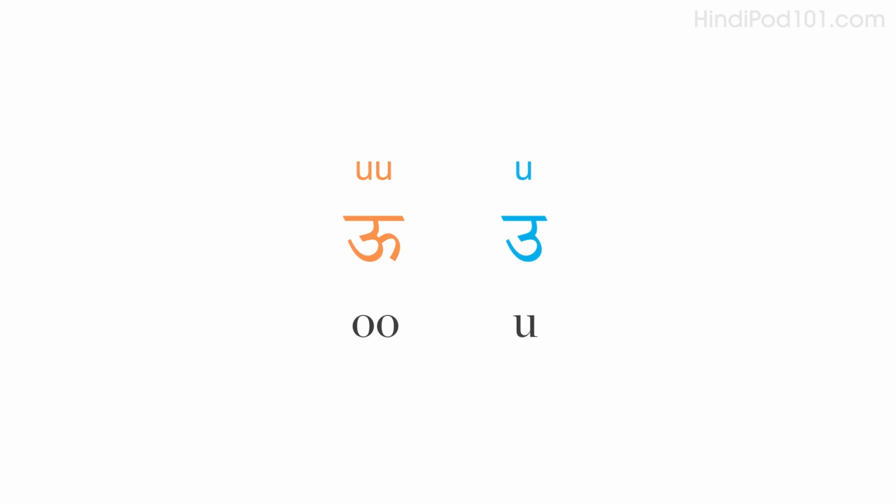Then we have U, which is like the letter U in put. And U is like the sound of the letters O in room. A is like the A in May. A is like the sound of the letter A in hat.